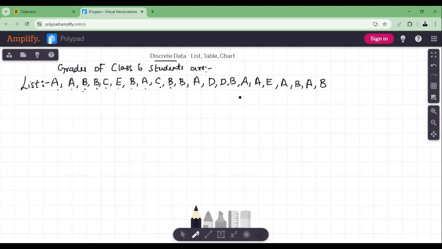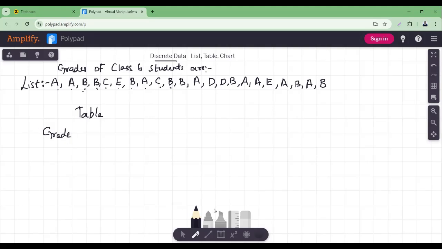Now we'll go for another kind of representation, a table. I am going to make one column for grade, the grade the students have got.